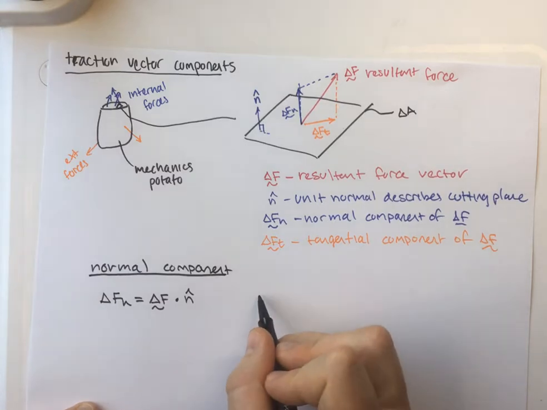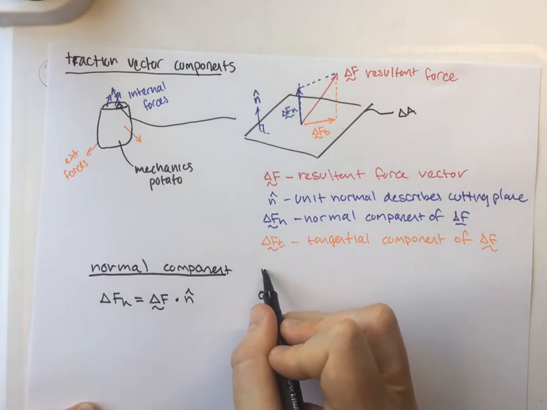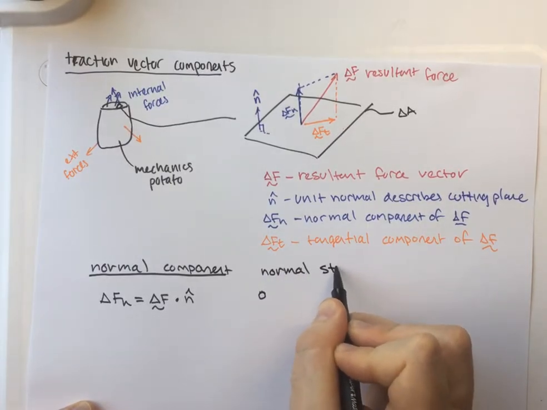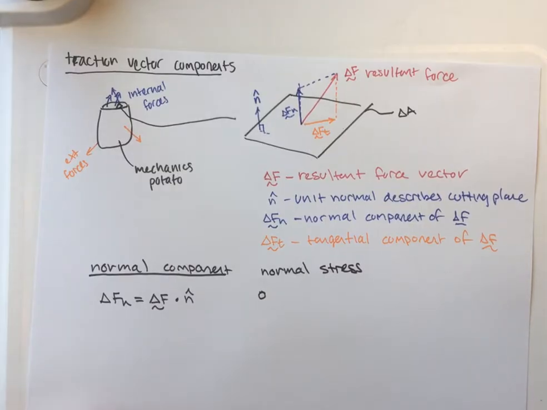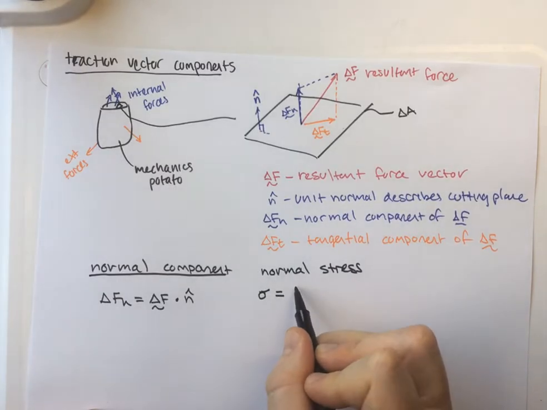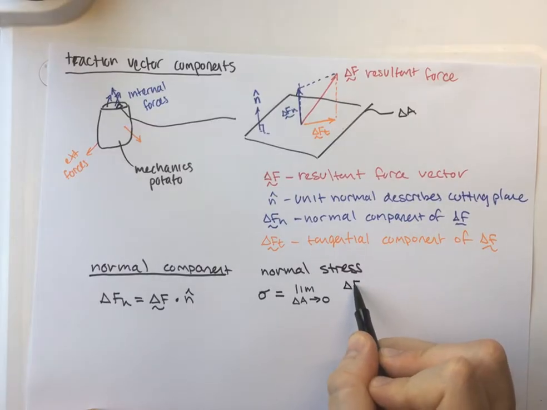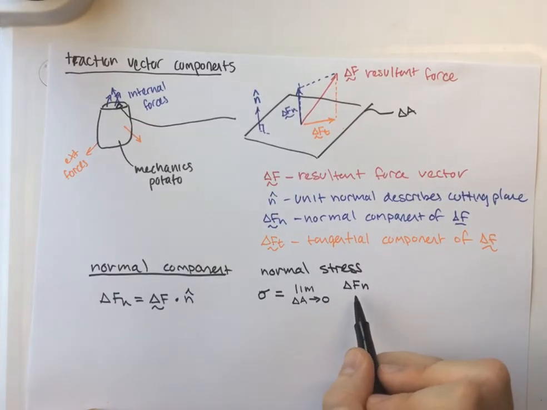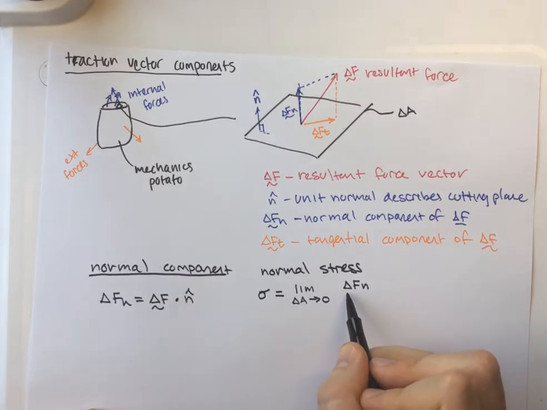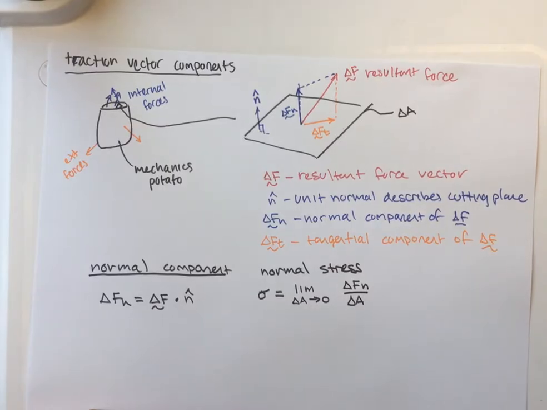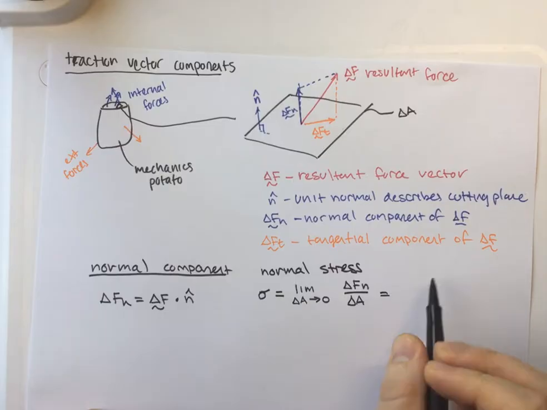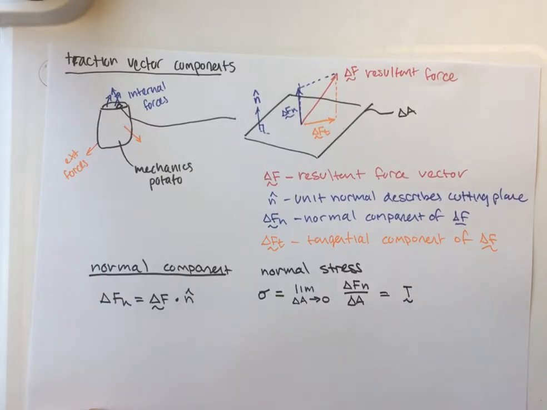And now we're going to make another definition here, and we're going to say that if we want to look at the normal stress on this cut in this location, that's going to be a sigma, and that's going to be equal to the limit as delta A goes to 0 of delta Fn, so the magnitude of the normal resultant vector, divided by delta A. And that is going to be equal to the traction vector, which we defined in the previous video, dotted with the unit normal vector.